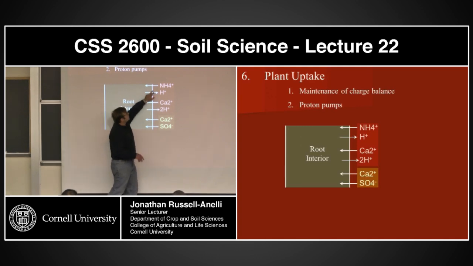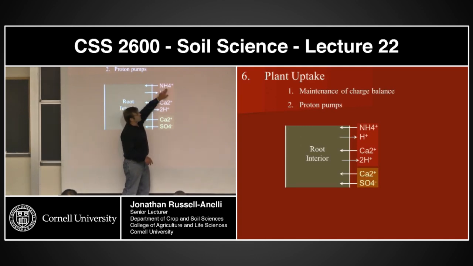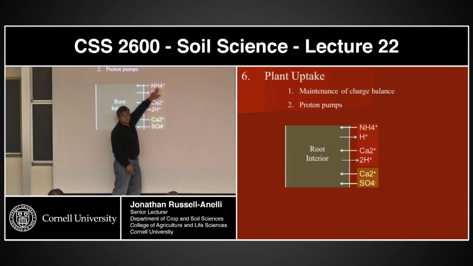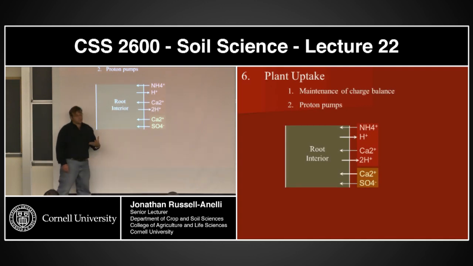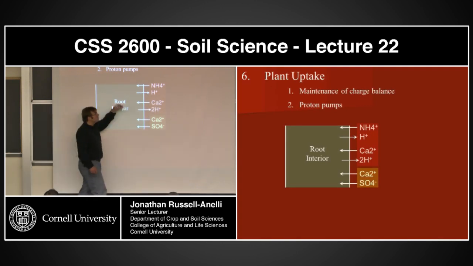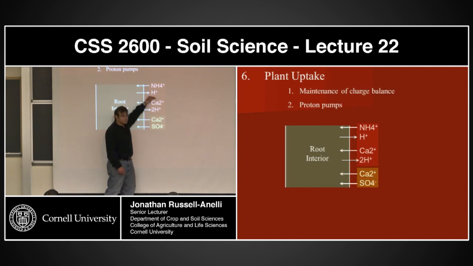Now, for that root cell to be able to get ammonium in, because this is the nutrient, it needs to maintain a charge balance. Remember that issue of salts, the solute potential? We also need to maintain this charge. So if a positive charge is coming in, a positive charge needs to go out. Plants have what they call proton pumps, and literally the proton powers this pump.